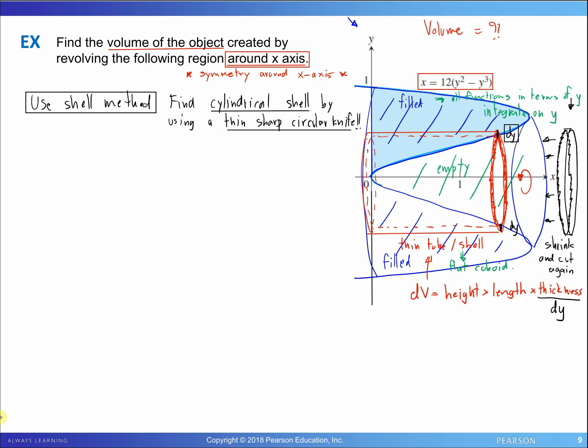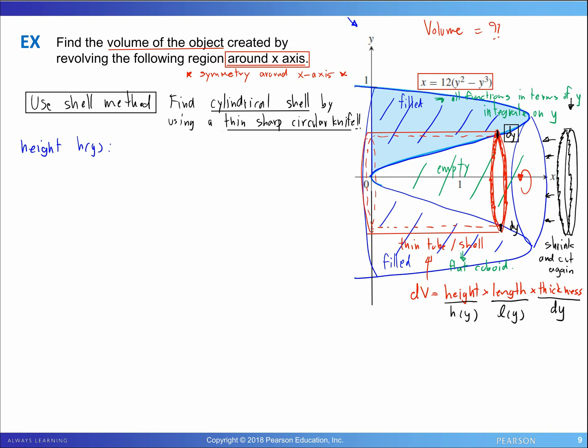This means that height down here has to be in terms of y, h of y. Same with the length, L in terms of y. Now let's move to the left hand side. Let's find height, h of y equal to what?